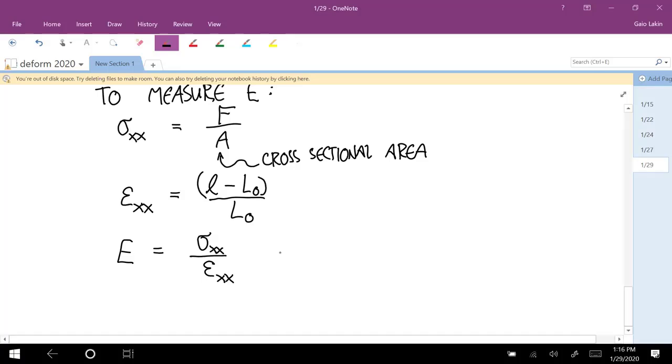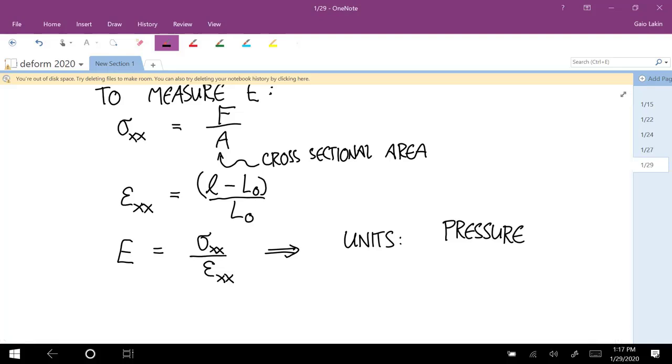And you can see from looking at how you calculate it that the units are units of pressure divided by something unitless, so you end up with stuff in pascals or megapascals or gigapascals.